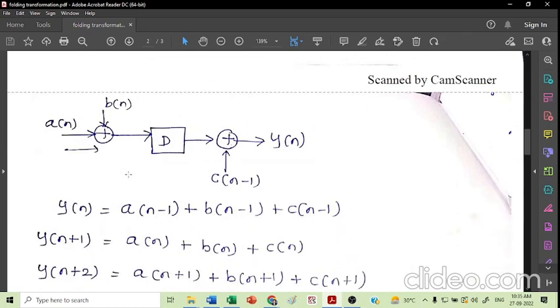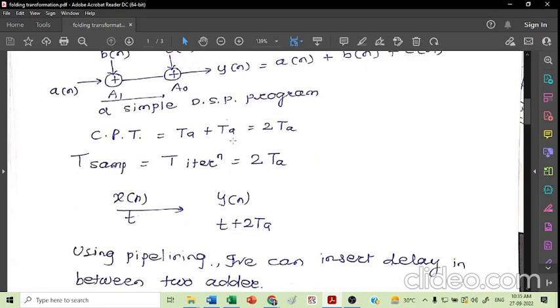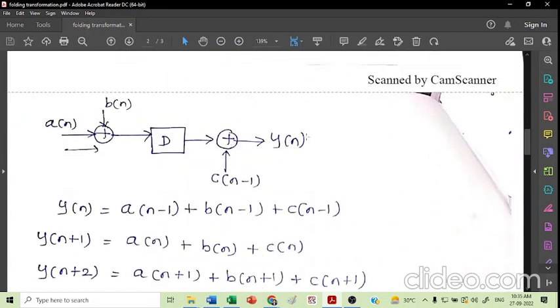So this is the pipelined version of the above simple DSP system, or simple DSP program, implemented by using a pipelining process. Simply, in between the two adders we have added one delay element. Okay, now there is no difference as the input: in the previous circuit the inputs were a n plus b n.